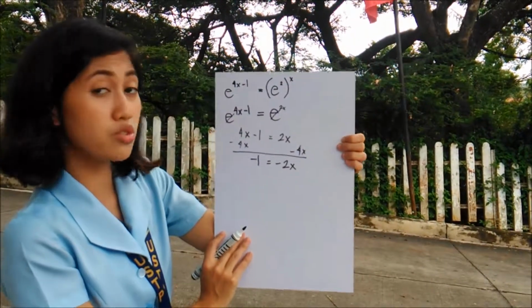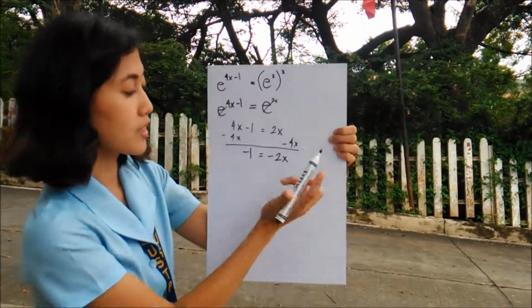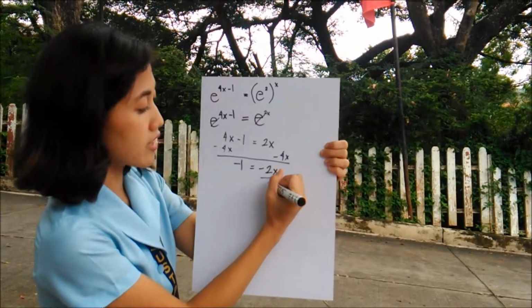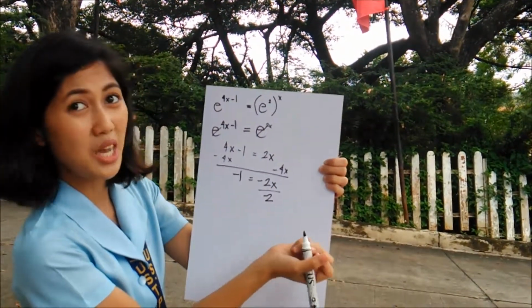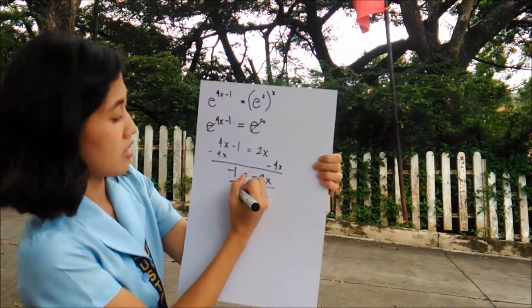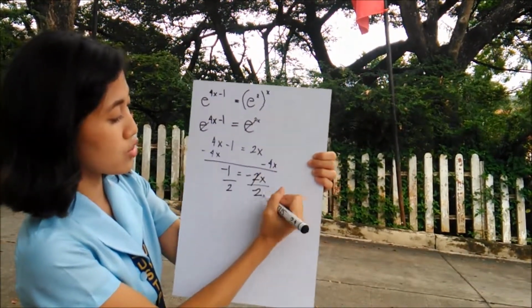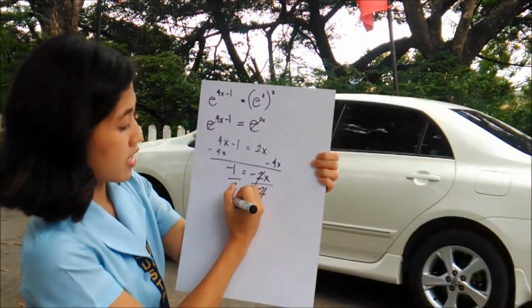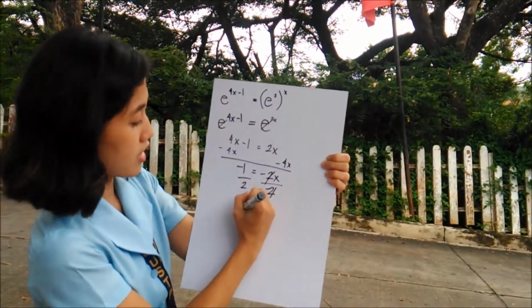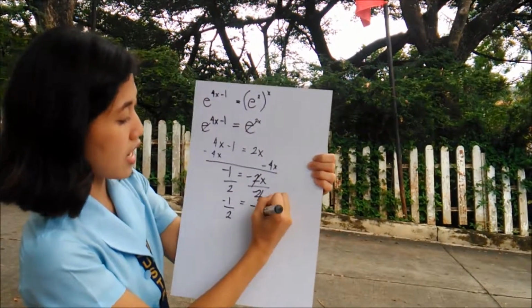So next we are going to solve for x. So we're simply going to divide negative 2 into 2. We're going to cancel out 2. Then we are going to have negative 1/2 is equal to negative x.